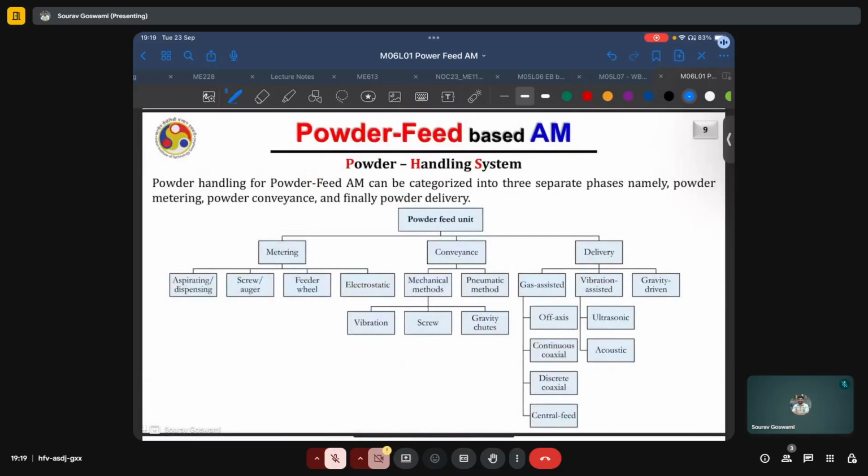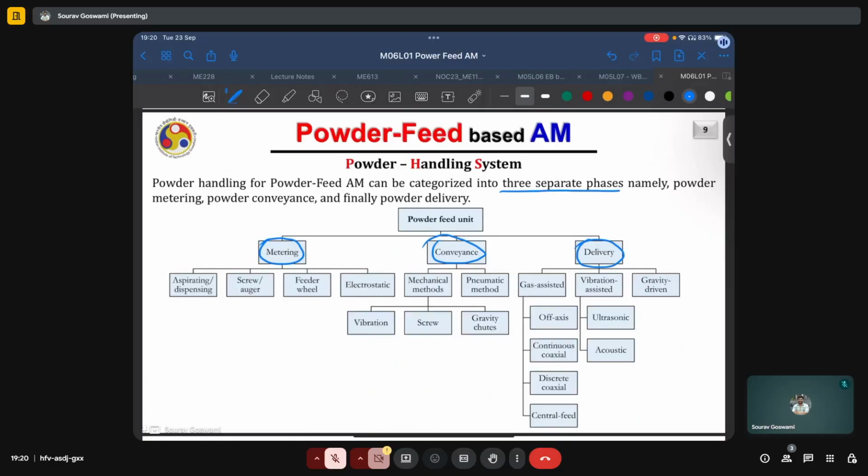The powder handling system for powder feed AM can be categorized into three separate phases, which are powder metering units, powder conveyance units, and powder delivery units. Metering can be done by aspirating or using some screw or auger mechanism, a feeder wheel, or by electrostatic methods.